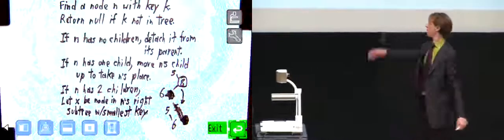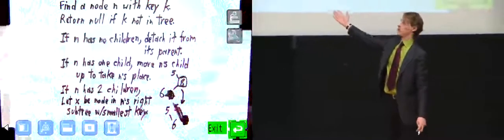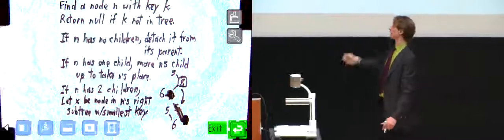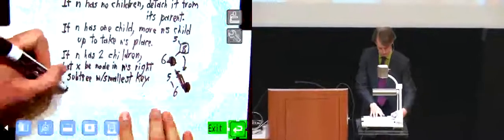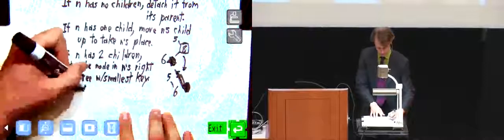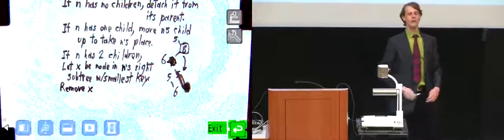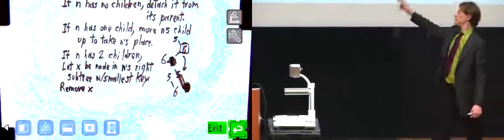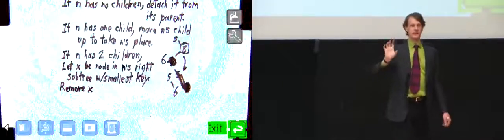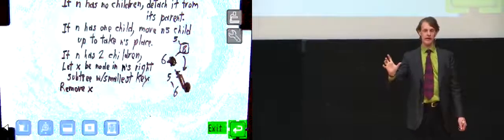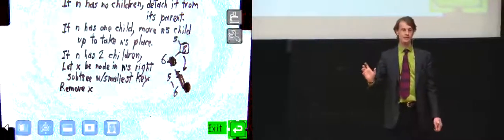So once we've found this node x, we can remove x from the tree. The reason we can do that easily is that since x is the smallest number in a subtree, it's the minimum in that subtree, it does not have a left child.